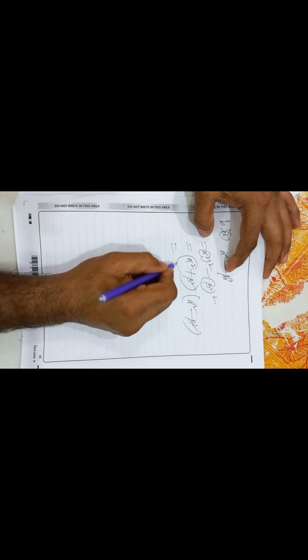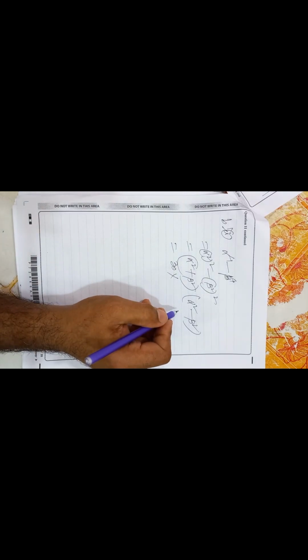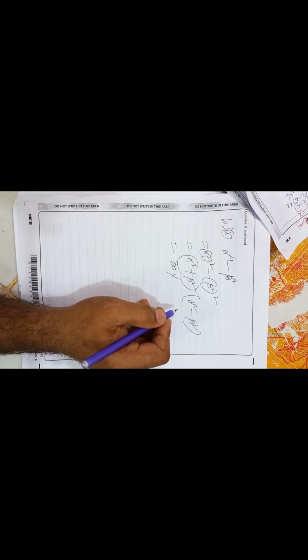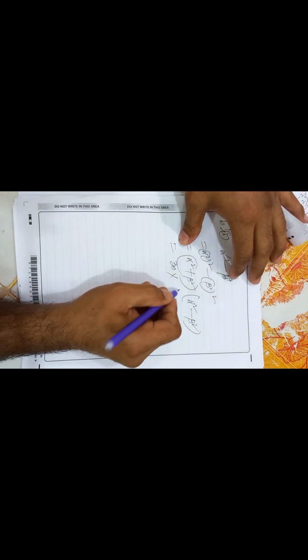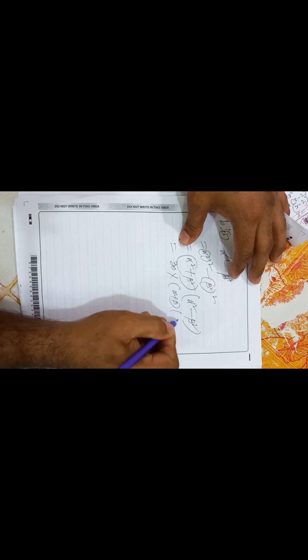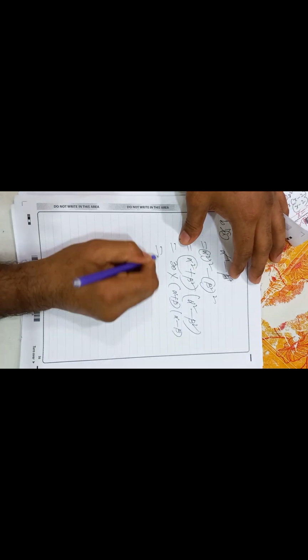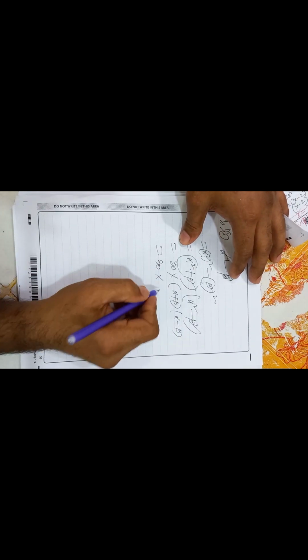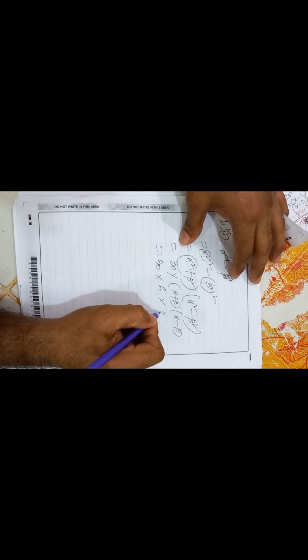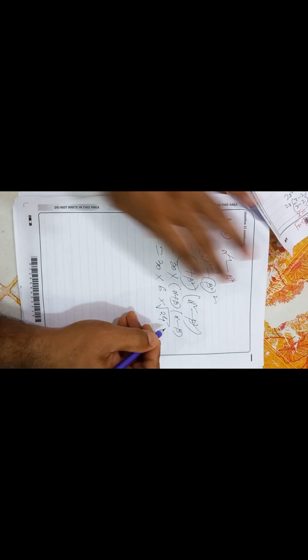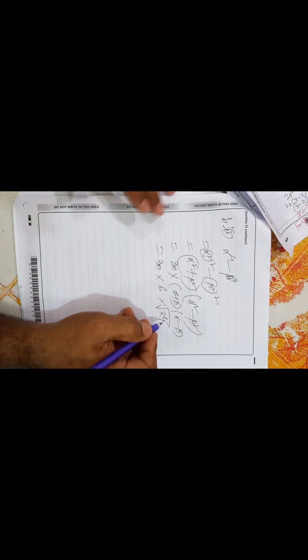Alpha square plus beta square we know is 30, and a square minus b square is a plus b into a minus b, that is alpha plus beta times alpha minus beta, that is 30 times 6 times root over 24, which we got earlier.